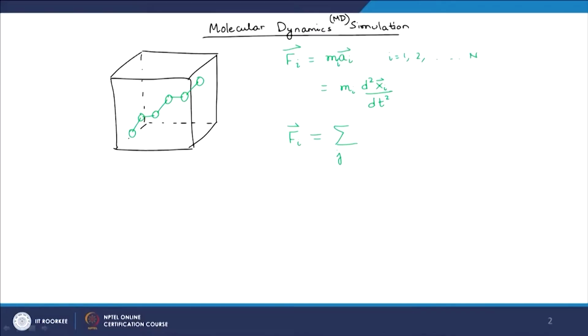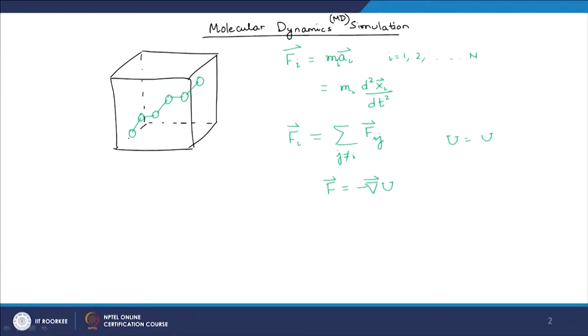So for j not equal to i I want to sum over Fij, and I get the forces by taking a derivative of the interaction energy, where interaction energy is again a derivative of the total energy of the chain.